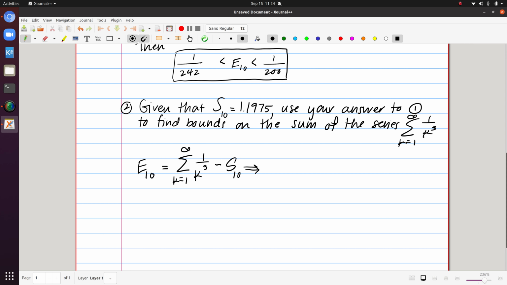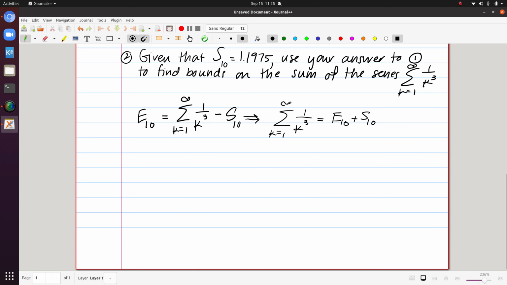So that means that if I want to now focus on not E sub 10, but simply the entire sum, let's add S10 to both sides of the expression I have there and observe that we have that's equal to E10 plus S10.